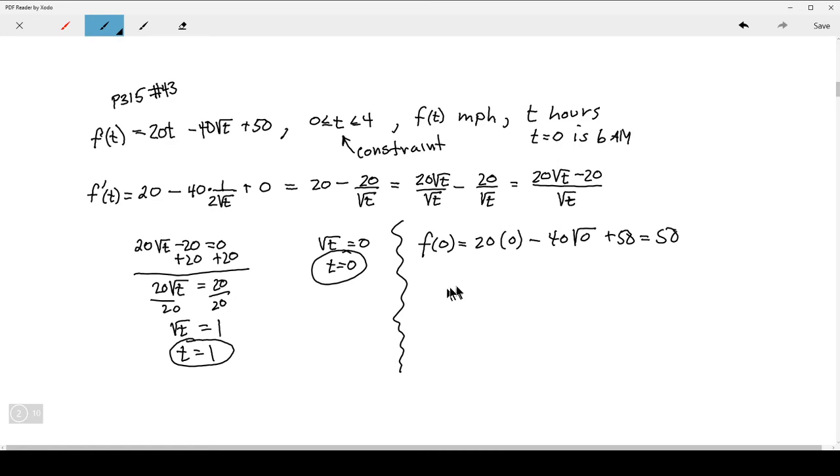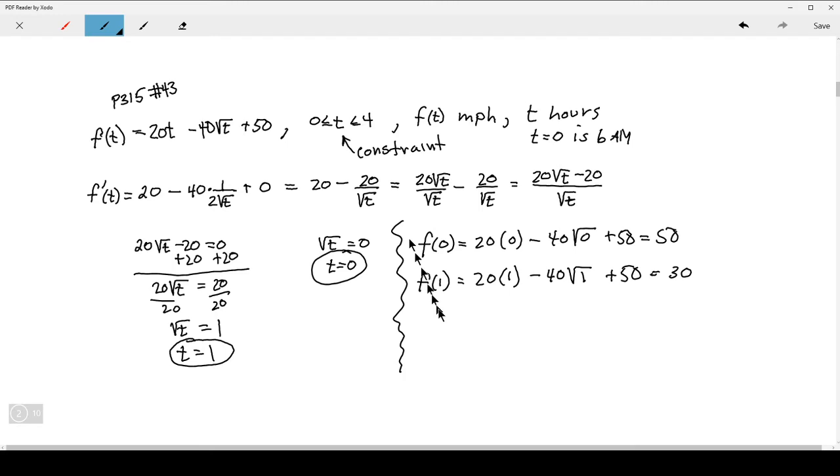So I killed 2 birds with 1 stone there. T equals 1. All right, so f of 1. That is going to be 20 times 1 minus 40 times the square root of 1 plus 50. All right, so 20 minus 40 is minus 20. Plus 50 is 30.